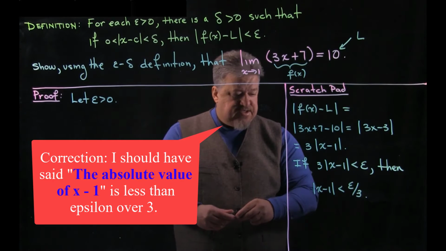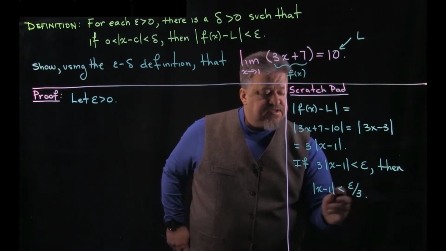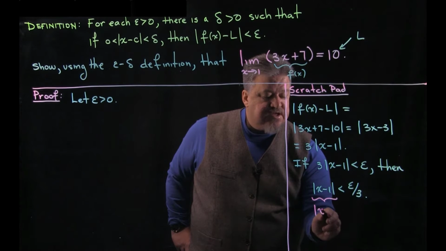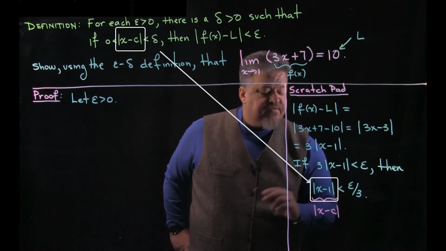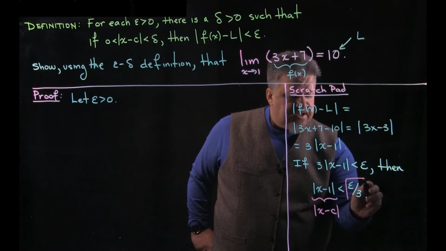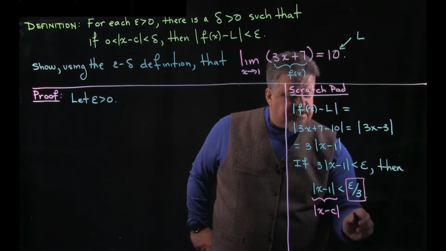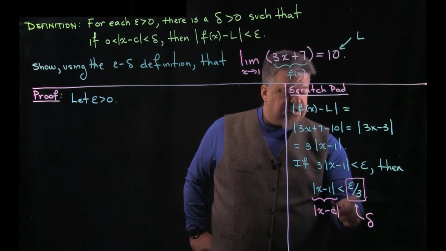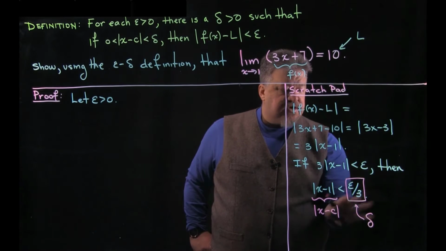By the way, when we look at this expression, we see c is equal to 1 here. So this is the absolute value of x minus c part of the definition. So this looks like it might be a good choice of delta. Okay? So that's our candidate for delta, based on this scratch work.